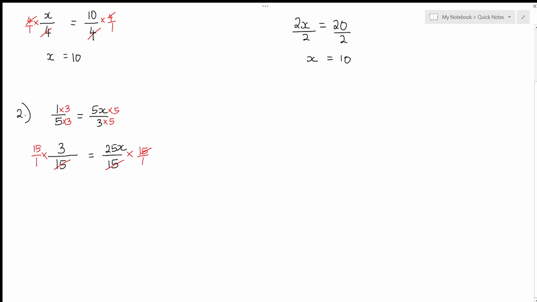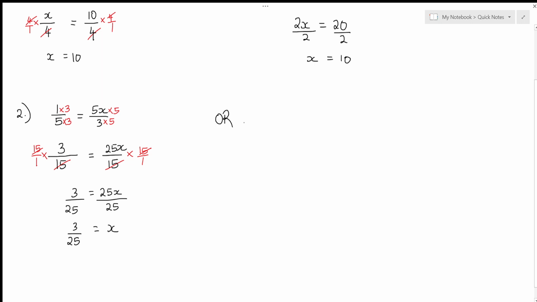And that cancels out, and we are left with 3 equal to 25x. So we're going to divide by 25 on the right hand side and divide by 25 on the left hand side. And here we're going to be left with x is equal to 3 over 25.